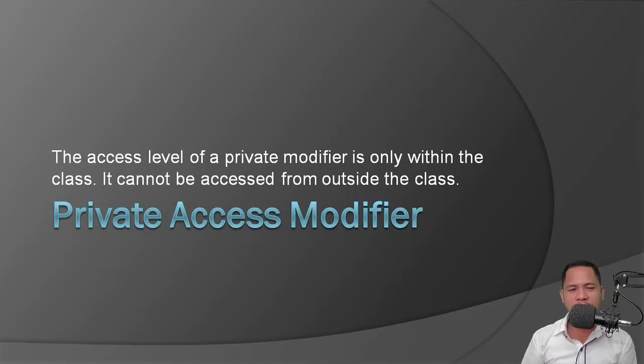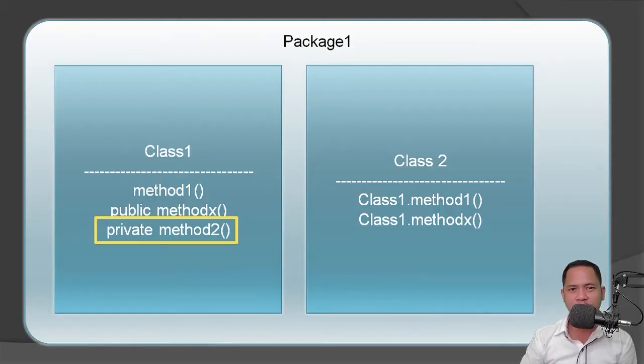Another access modifier is the private access modifier. We've seen this before. The access level of a private modifier is only within the class. It cannot be accessed from outside the class. Going back to the same example, method 2 has the private access modifier, and therefore within class 2 you cannot access method 2.